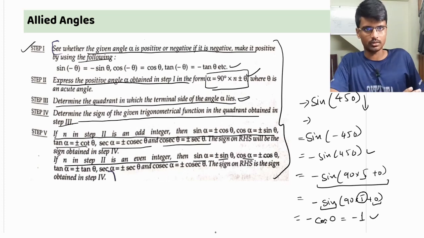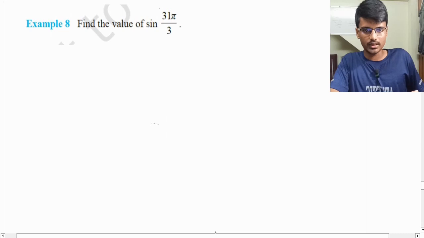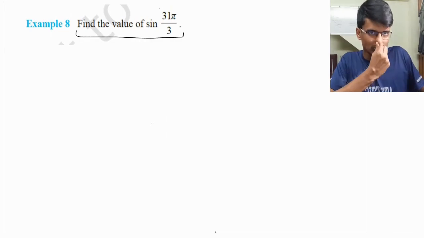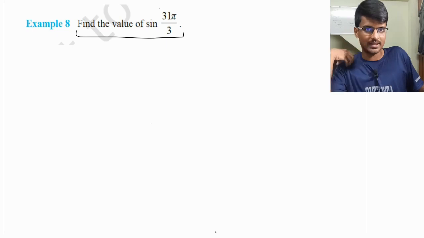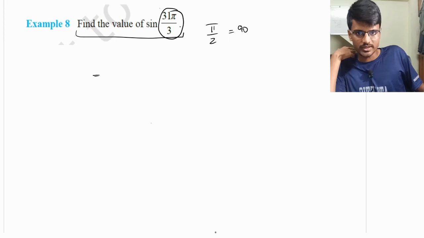Now we'll be solving the problems, the interesting part. Here they are asking us to find the value of sine. The method says to express this angle in terms of 90 degrees. So here we'll express it in terms of pi by 2. Pi by 2 is nothing but 90 degrees. How do I split this? 31 pi I can write as 30 pi plus pi by 3.